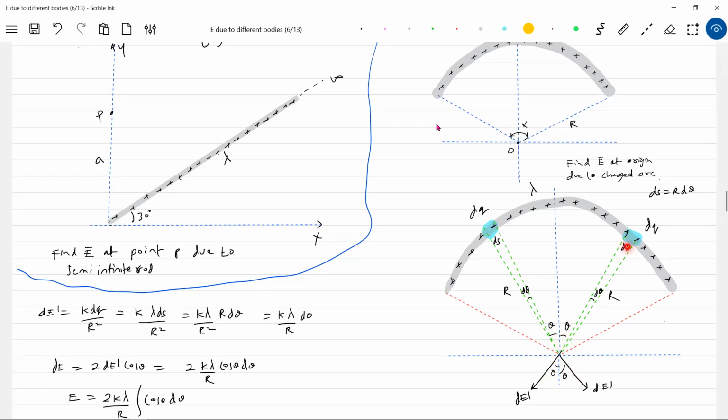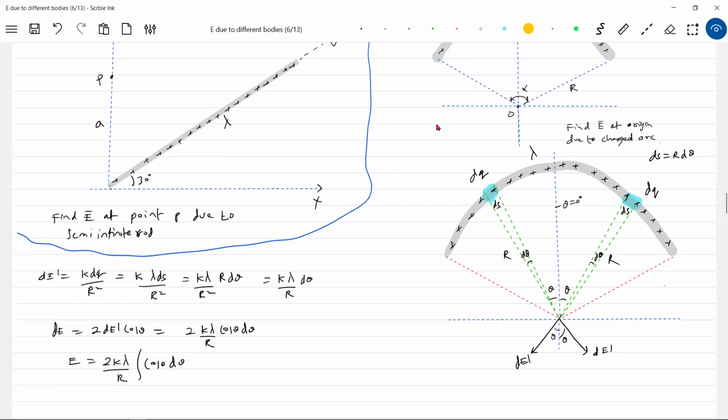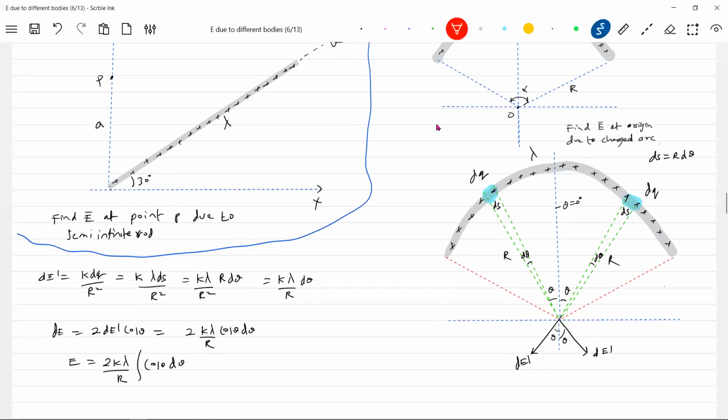If I assumed only one element, it would be 0 to alpha. I assumed two elements, so now the limit is 0 to alpha by 2. This is the theta equal to 0 degree line. So the limit should be 0 to alpha by 2.